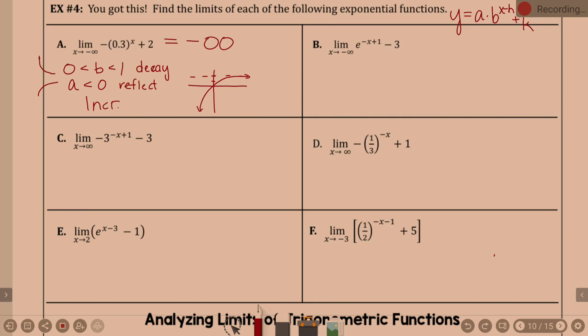Okay. B is less than 1 over e. 1 over e is less than 1. That's why I'm having to process through here. As I think about this one, you guys are seeing the negative, which is good.